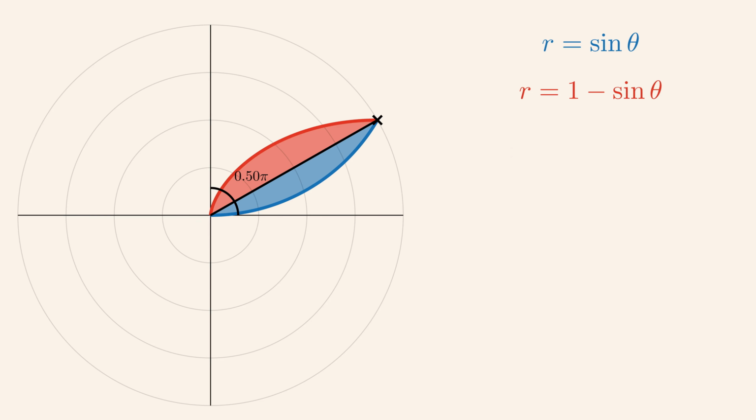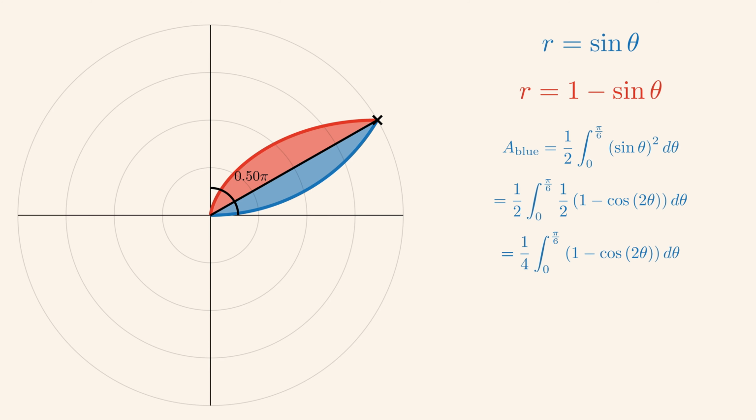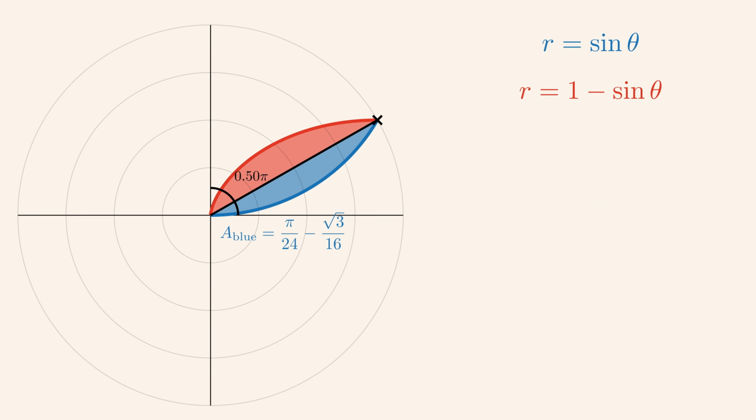To find the blue area, we therefore use pi by 6 as the upper limit. The integration steps are already familiar, since we have done similar calculations many times. The only difference is that the limits have changed. After substituting those limits, we obtain the exact area of the blue region. Let's place that result next to the blue region.